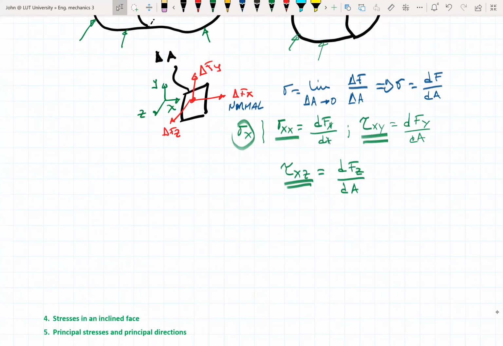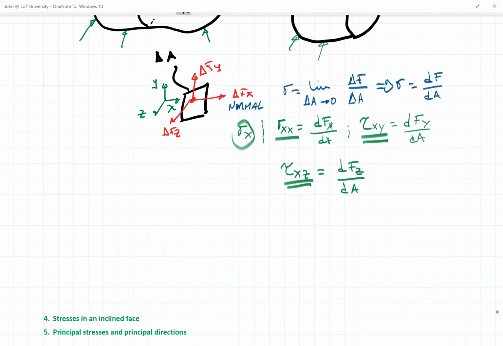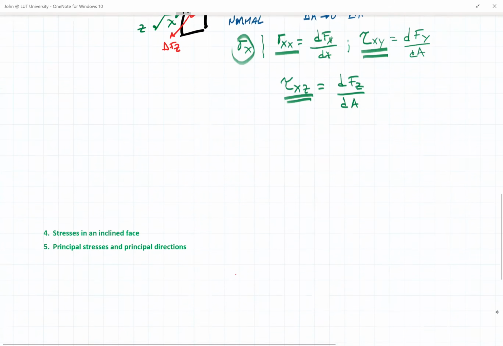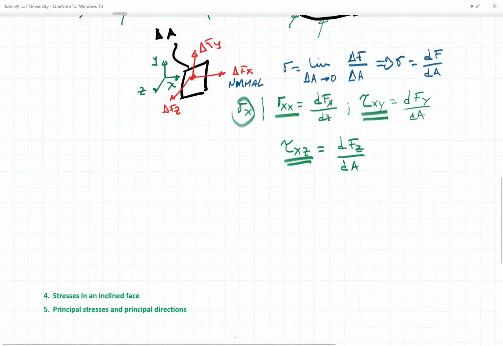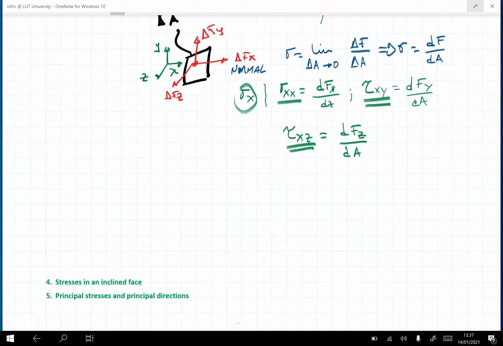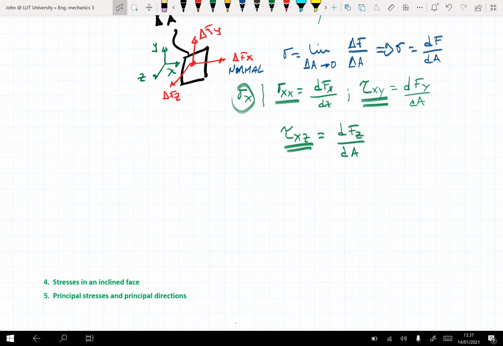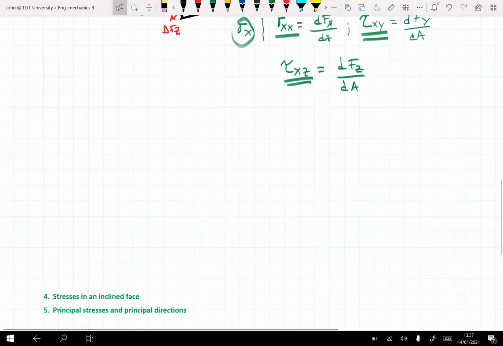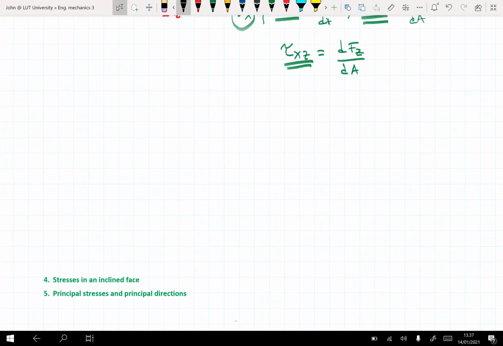Let's see. I'm going to start by drawing my reference system, and the infinitesimal cube drawn like this.